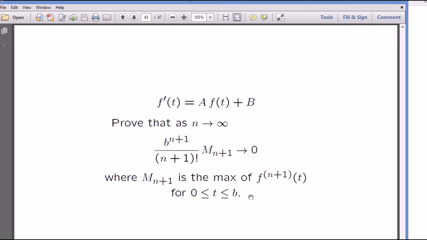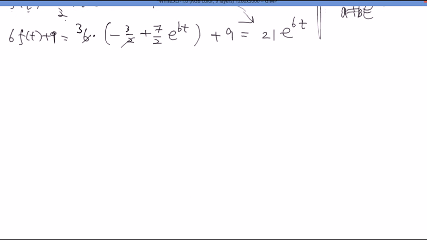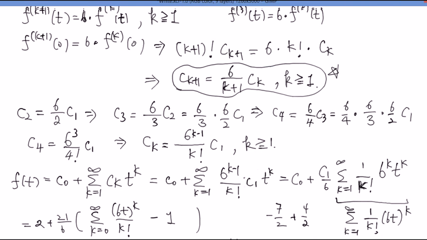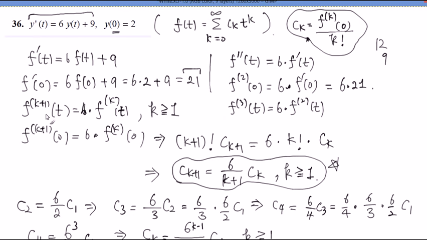But it turns out, as we expanded this earlier one, how does the CK look like? This one looks like here is a 6 and 6. If you unfold this one before you enter t equals 0, you will have powers of 6 coming out. So I think it looks a lot like this: f of k plus 1 of t is going to look like 6 to the k minus 1 times f of first derivative t, like that.